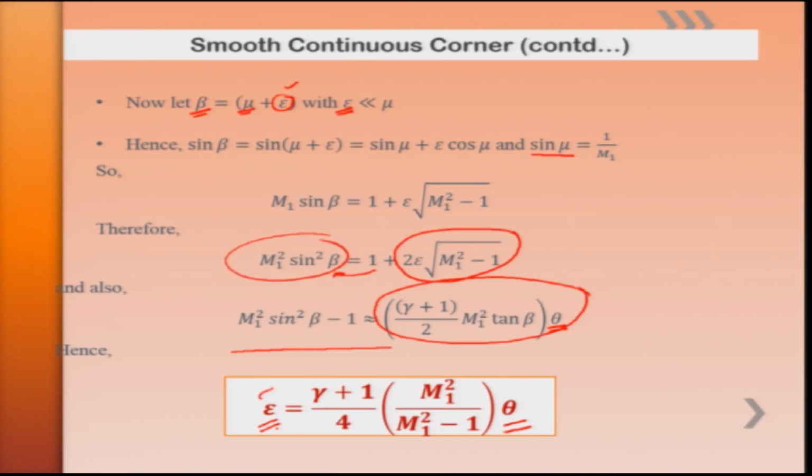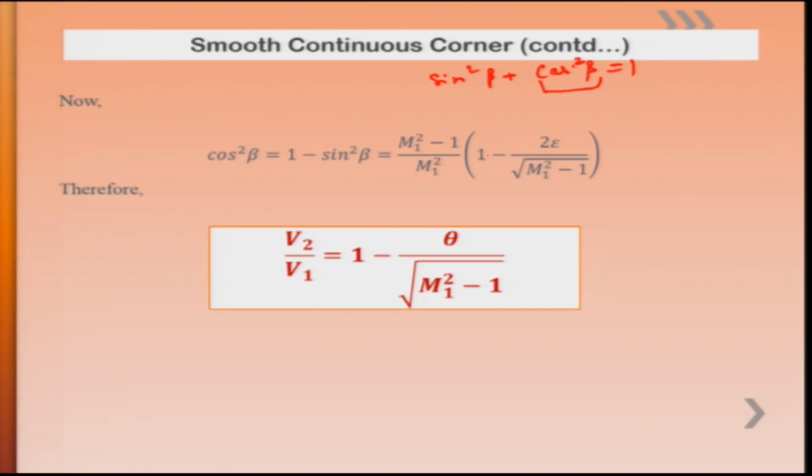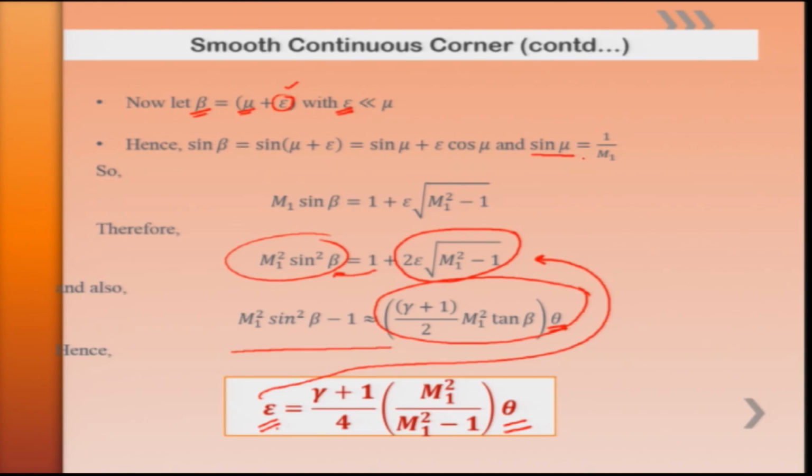Once you substitute this expression in any of these two relationships, I can directly write down m1 square minus 1 upon m1 square, 1 minus 2 epsilon, square root of m1 square minus 1. From these sin beta and cos beta, I can obtain the required tan beta, and hence the final expression of this velocity ratio v2 by v1.